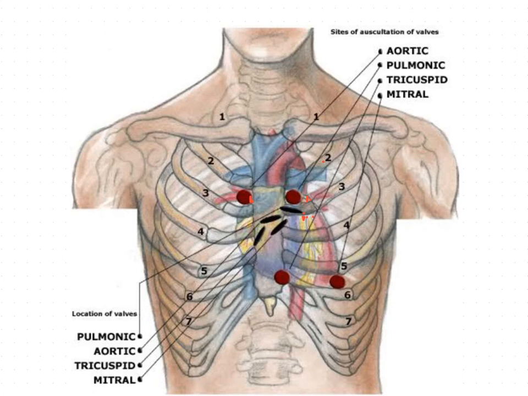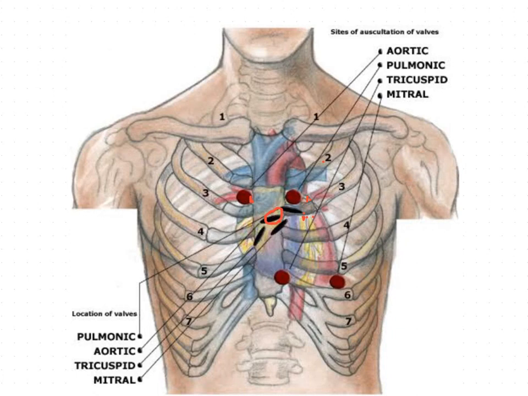So the aortic orifice is present behind the left half of the sternum at the level of the lower border of the third costal cartilage.